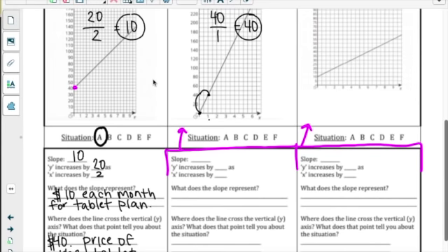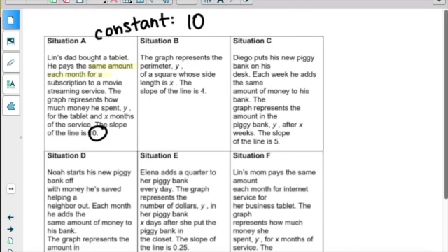Okay, you can do that when you're ready. Feel free to pause the video on the situations so you can determine which is which on your paper. And when you are finished, unpause it and we will continue. Here we go.